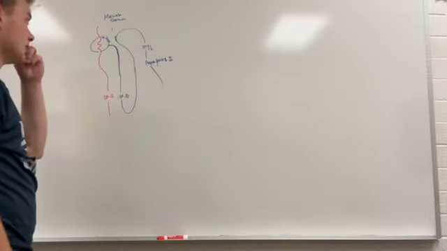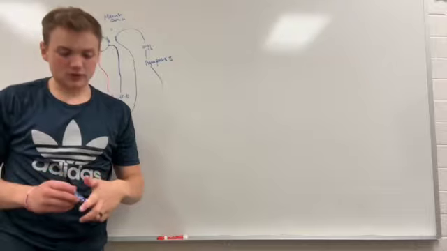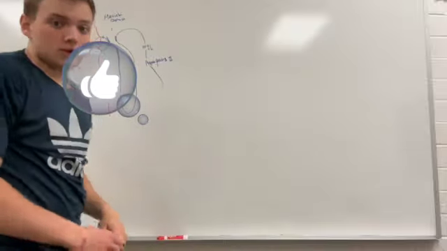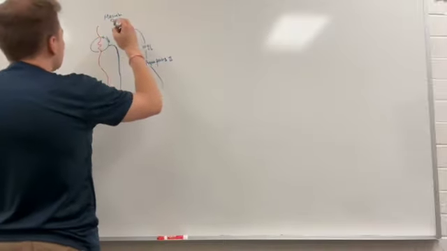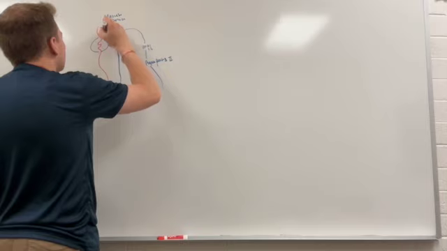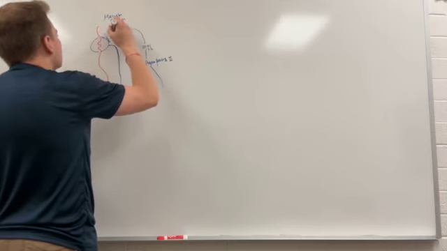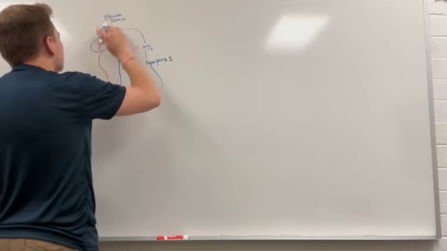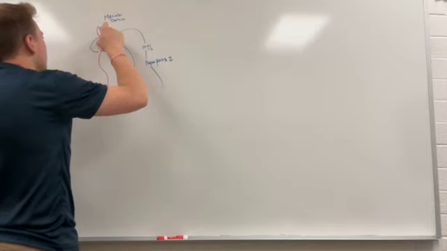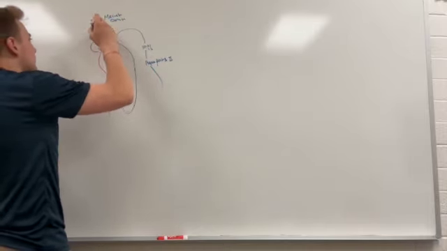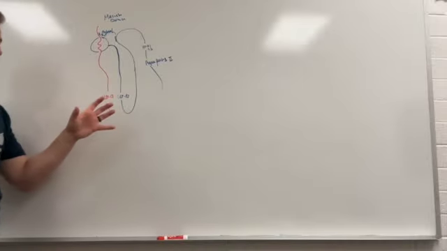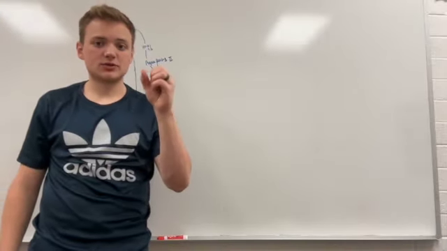So they release one signal for that, and a different signal for when they need to speed up the filtrate, meaning sodium chloride levels are low. If there is too much sodium chloride in the system, they're going to release adenosine. It acts on the afferent arteriole, and that causes it to constrict.